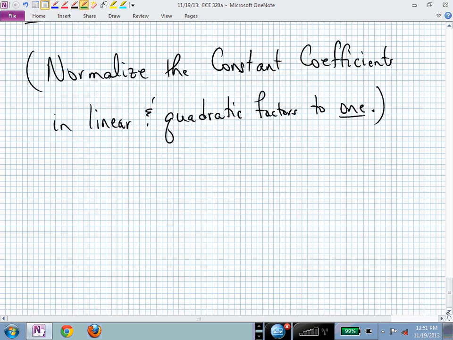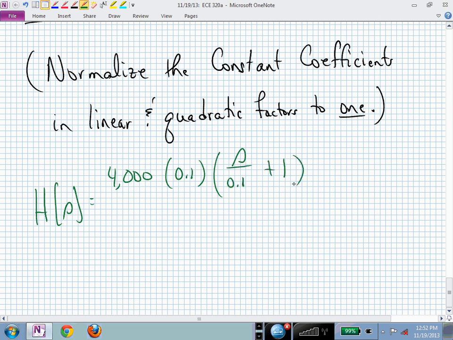In this particular case, we had H of s. First thing, we need to keep track of that 4,000. We can't drop that. But now in our numerator, we had s plus 0.1. We want to get rid of that 0.1 and actually make it 1. So we want to factor out a 0.1 from that numerator, but that means the s needs to be divided by that factor, and we have a 1 right there.